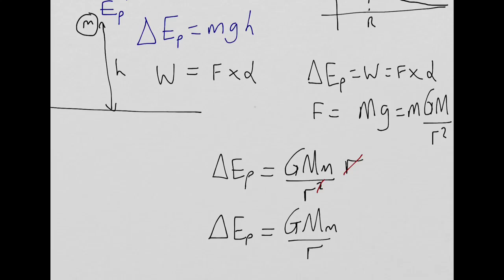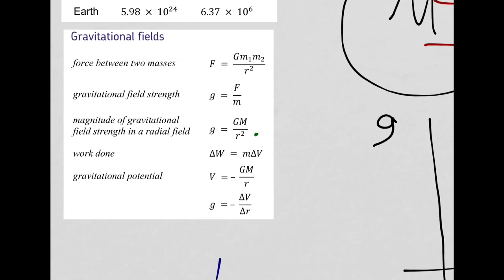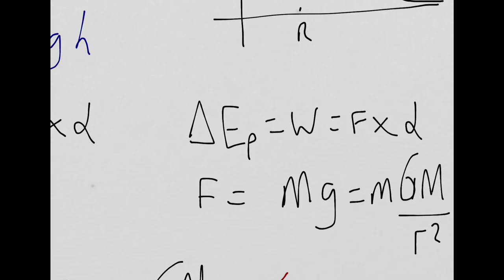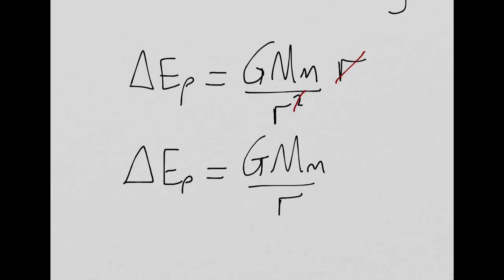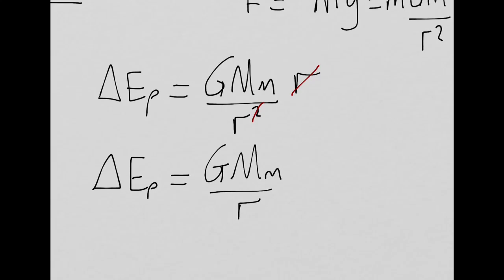Now what do we see? We see this is very, very similar to the original Newton equation. If we go up to here, we had G big M, little m in this case, over R squared for force, and we find that for energy it ends up being G big M, little m over R. So the difference between the force between two objects, so if I just make that clearer, maybe I'll draw that to the side here.